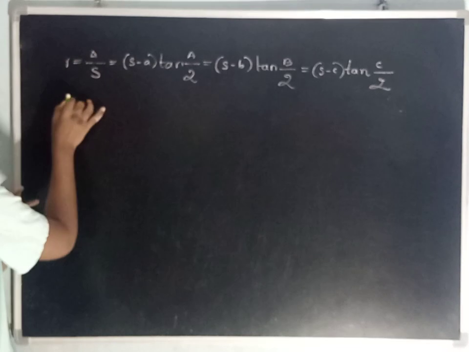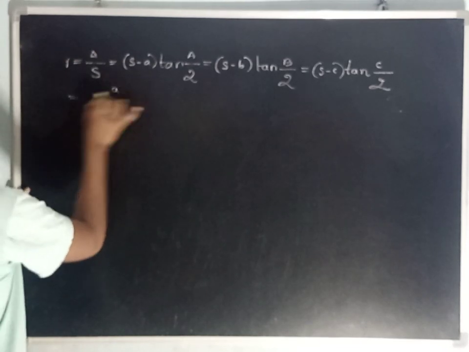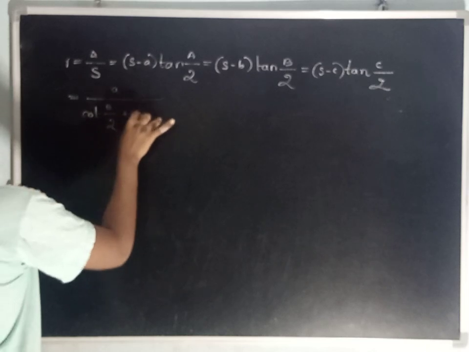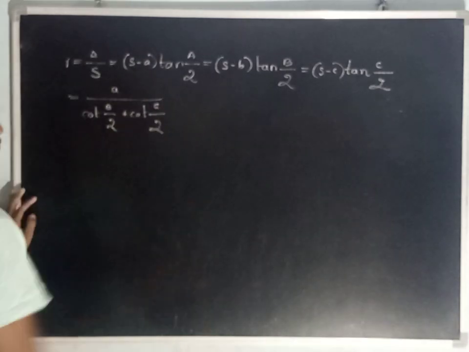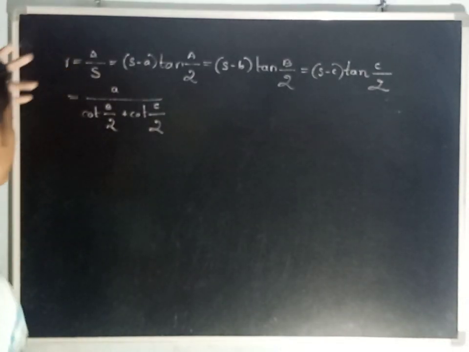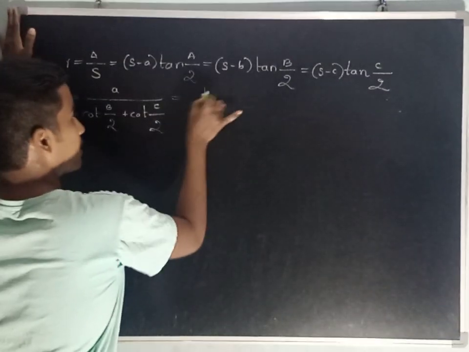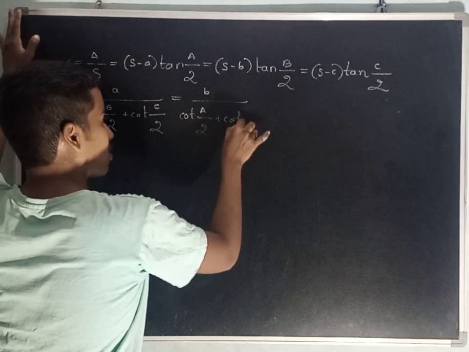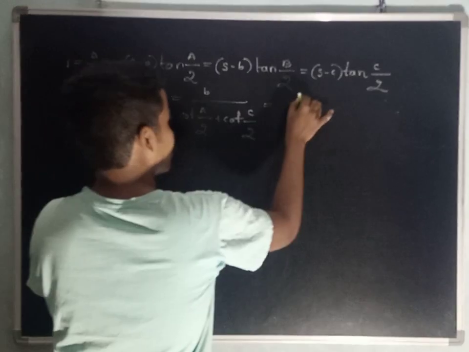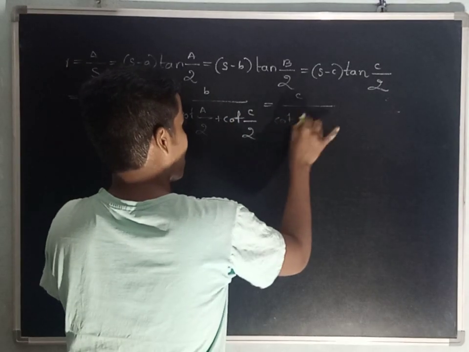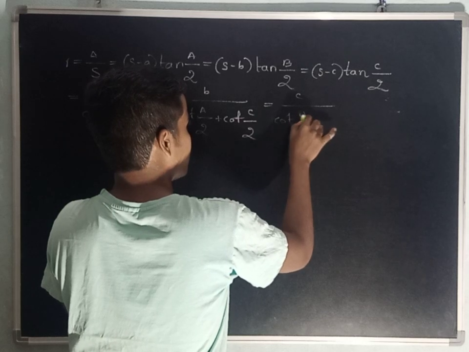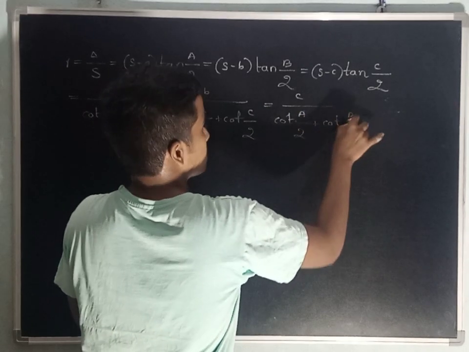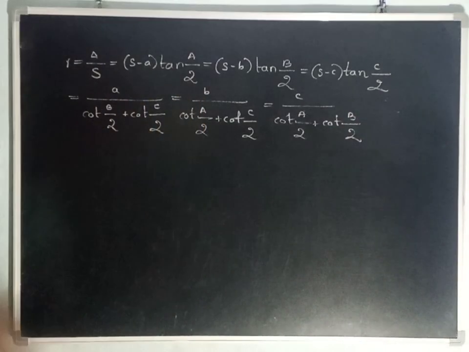Similarly, we have also discussed another form, that is a/(cot B/2 + cot C/2). Similarly, b/(cot A/2 + cot C/2) is equal to c/(cot A/2 + cot B/2).